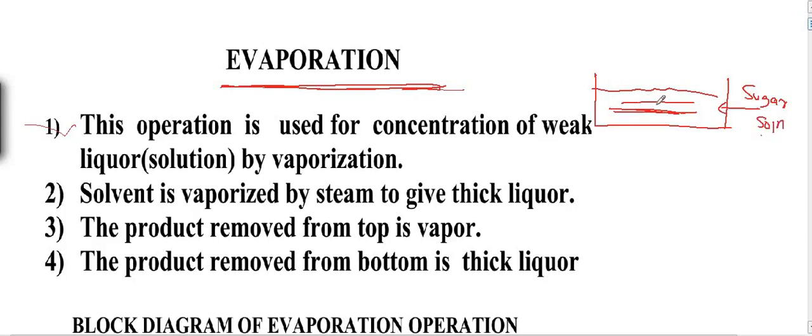This sugar solution contains sugar molecules and water molecules, and the sugar is dissolved in the water. So water is the solvent here and sugar is the solute. When we heat this particular sugar solution, only water molecules get vaporized and removed.